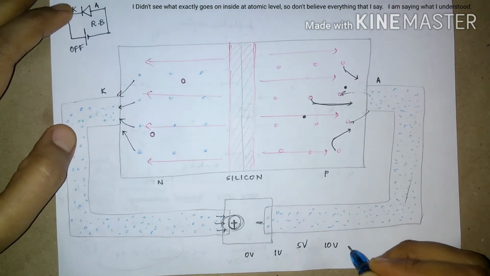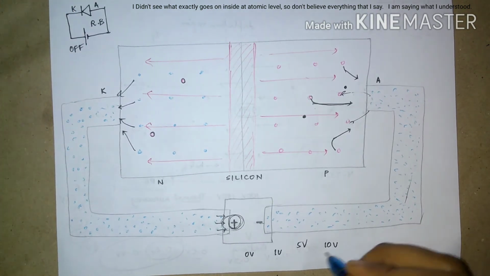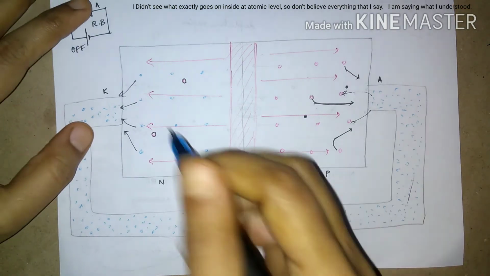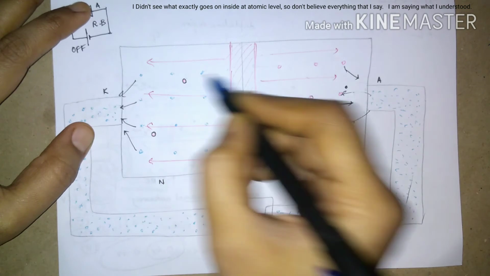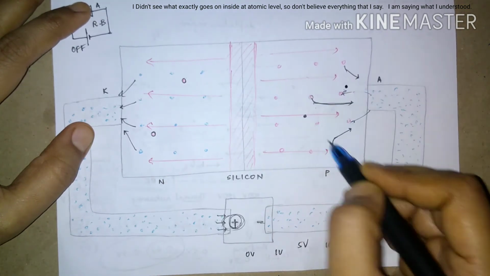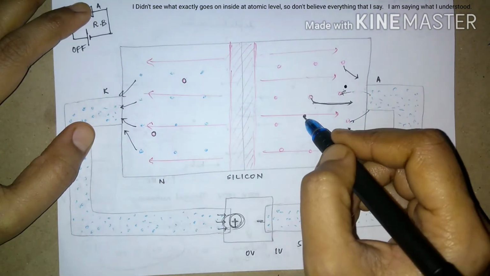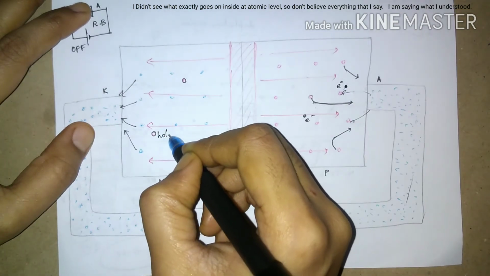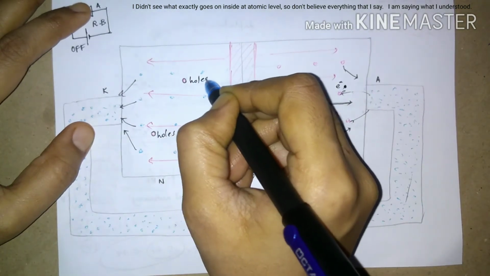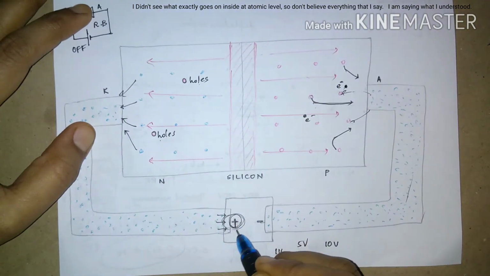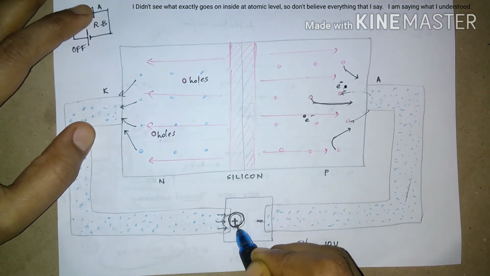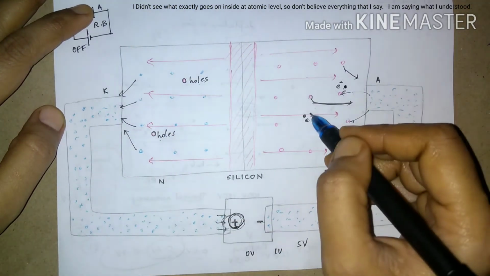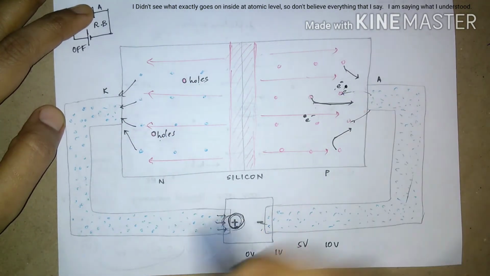So as this happens, as you increase this voltage, what happens is these minority charge carriers which are inside the p-type, in p-type minority charge carriers are electrons, in n-type minority charge carriers are holes. For these holes, this positive is a repelling force, and for these electrons this negative is a repelling force.